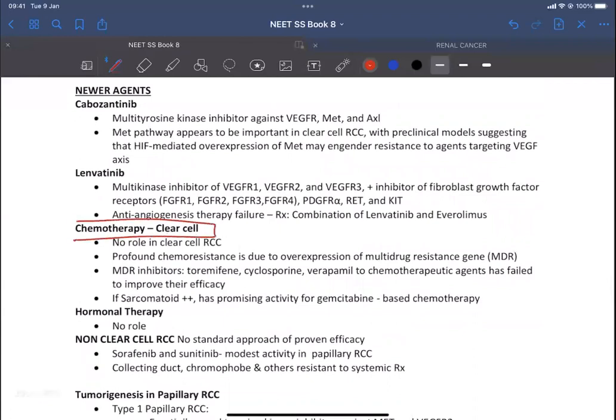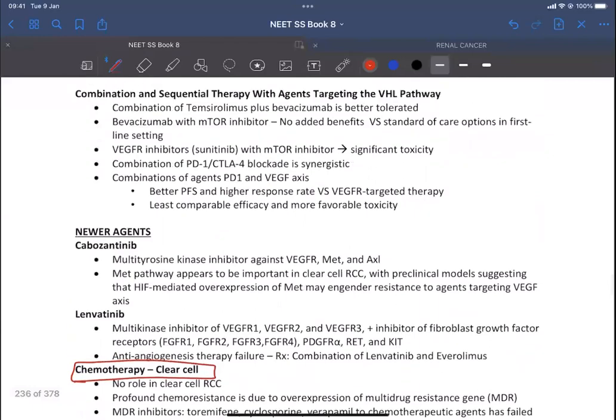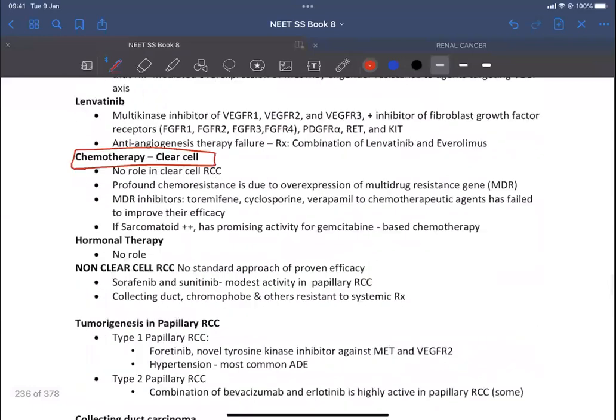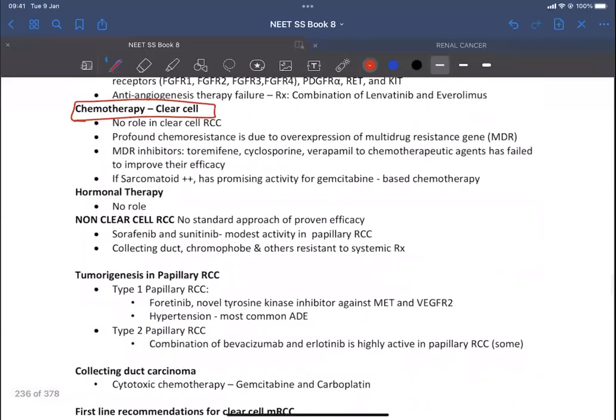So, coming to chemotherapy, we've said there's no clear role, but where it is helpful is in collecting duct RCC.